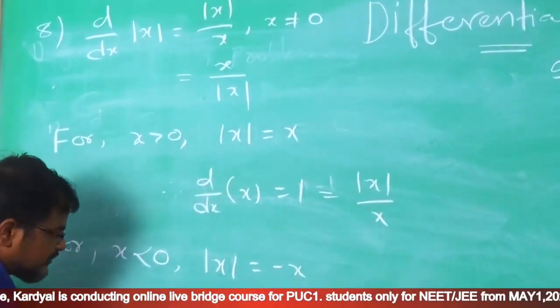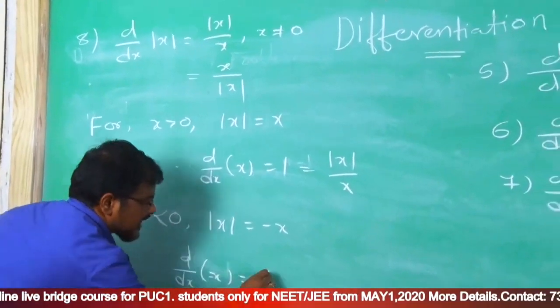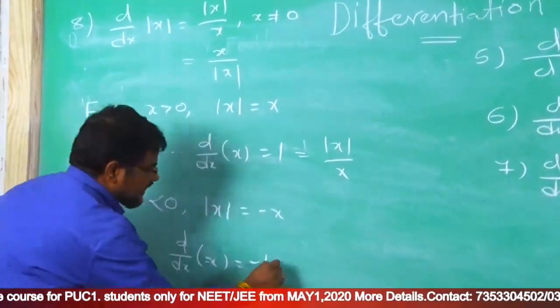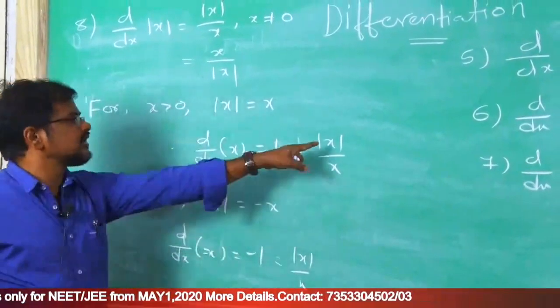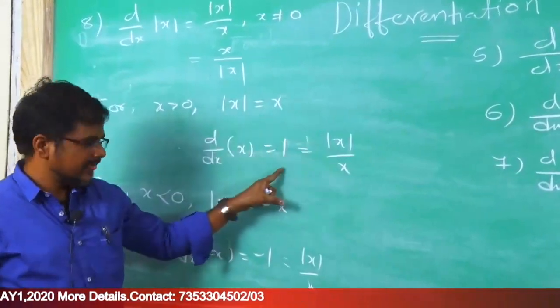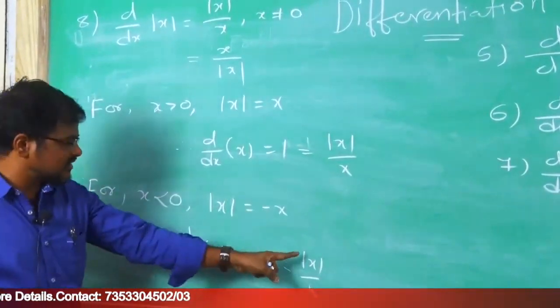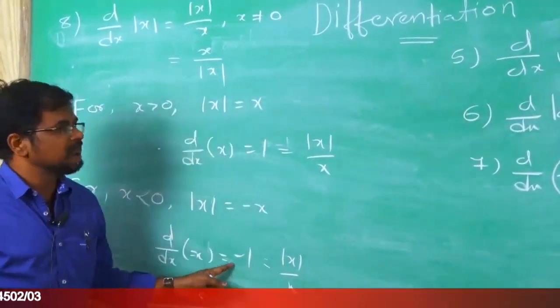Therefore d by dx of minus x equals minus 1. Again it can be written as mod x by x. Since whenever x greater than 0, mod x equals x, x by x is 1. Whenever x less than 0, mod x equals minus x, minus x by x equals minus 1.